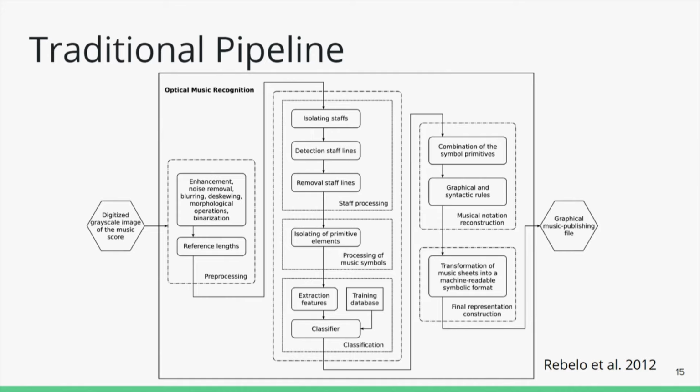One would be to do some pre-processing. A second would be to find the objects, with staff line detection and removal being very prominent in that part. And there are 2 more steps where they try to recover the music notation and finally construct the output representation.